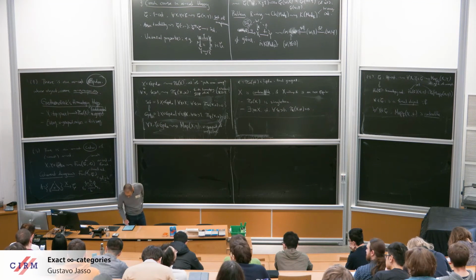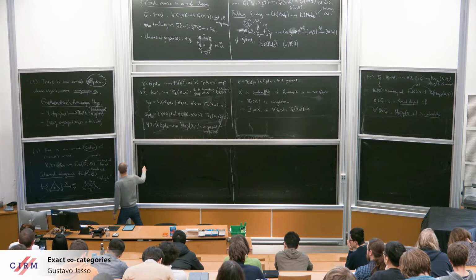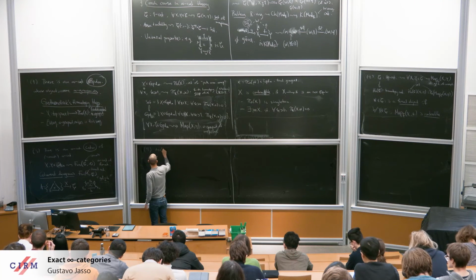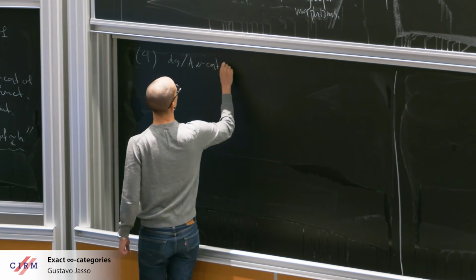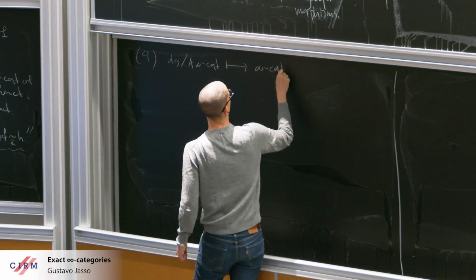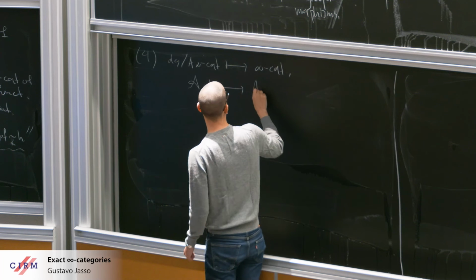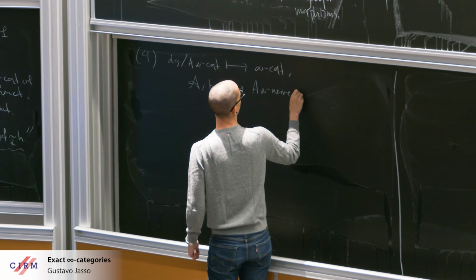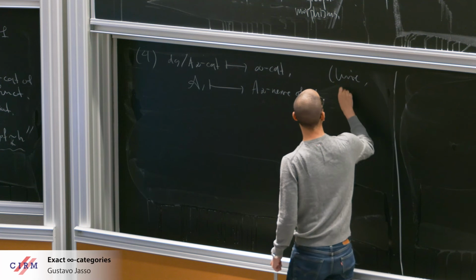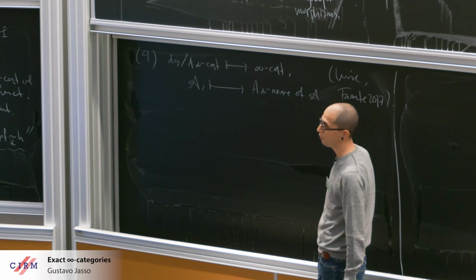Now, there is a way to translate. You can go from DG and A-infinity categories to infinity categories by some procedure called the A-infinity nerve of A, due to Lurie in the DG case and to Faonte in the A-infinity case.